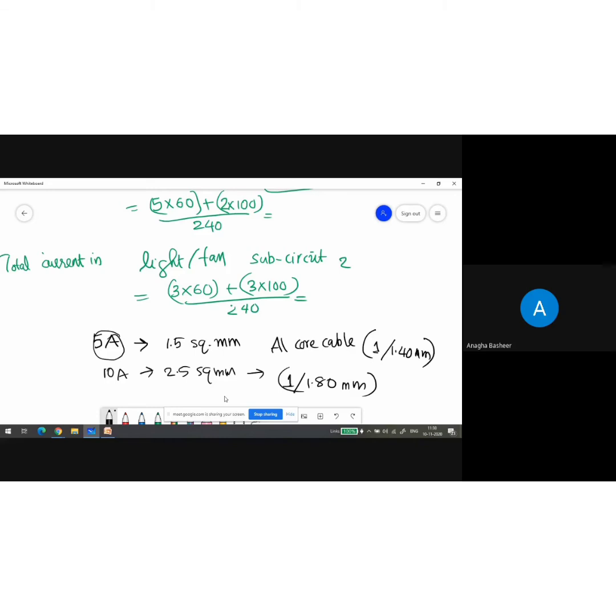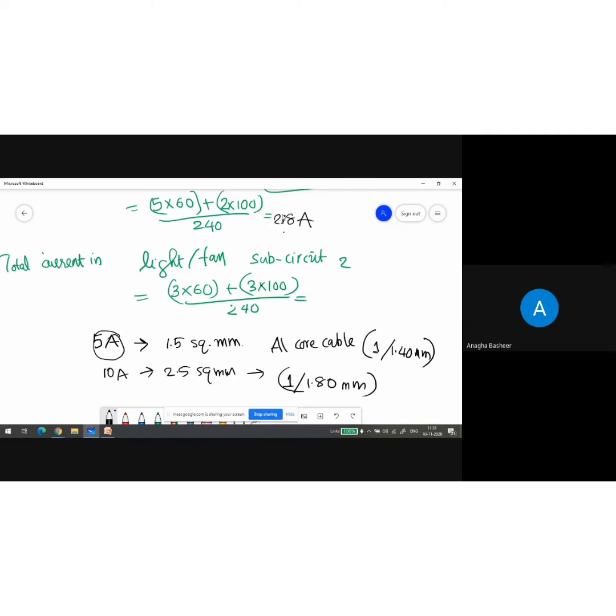So, what is your selection? Have you got the current in subcircuit 1? How much? 2.08. 5 into 16. 2.08, okay.